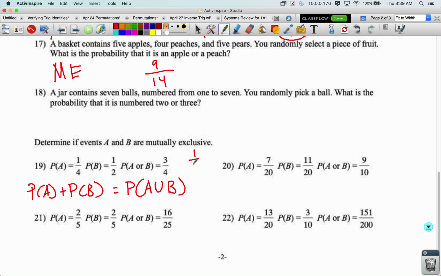Is 1/4 plus 1/2 equal to 3/4? It is, so yes, mutually exclusive. Do these add up to that? That looks like another yes, because that became 18 over 20, which simplifies. This becomes a 4 over 5, which does not equal that. So this one's not mutually exclusive.